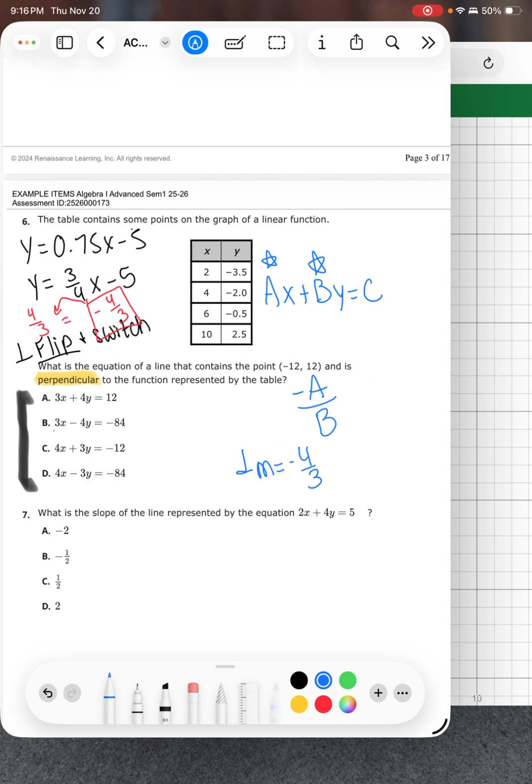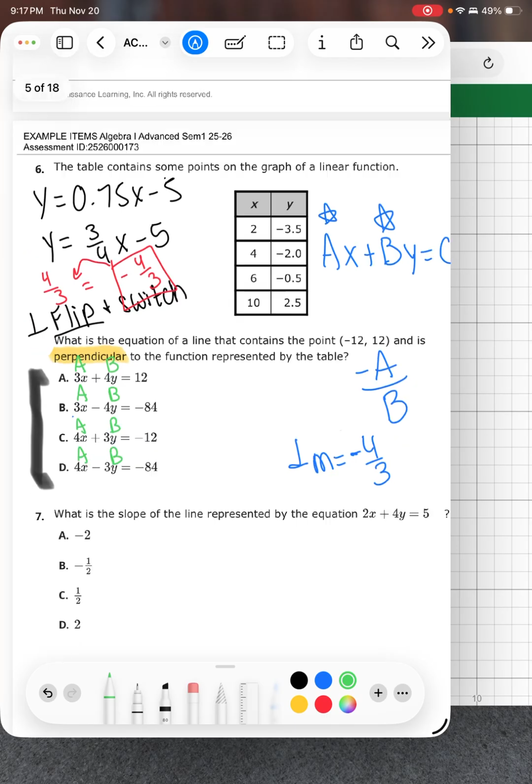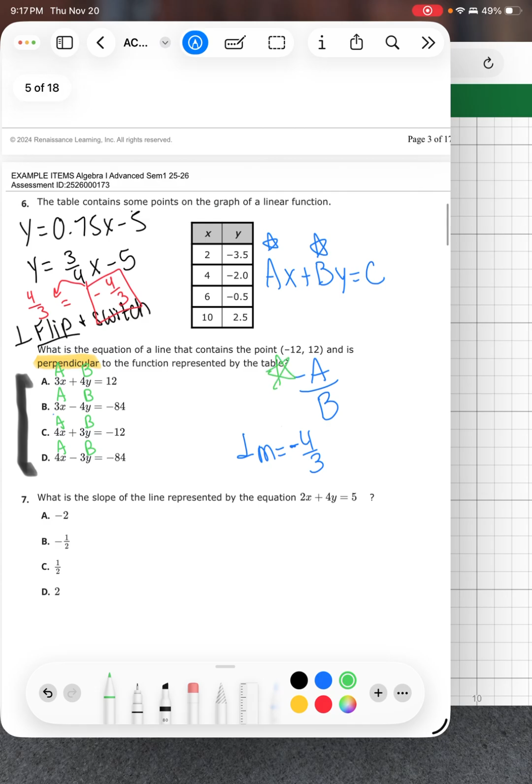So I can go ahead and look at my answer choices and see which one matches my perpendicular slope. So all my values next to x are my a, and all my values next to y are b. And again, my quick trick on getting the slope is -a/b.